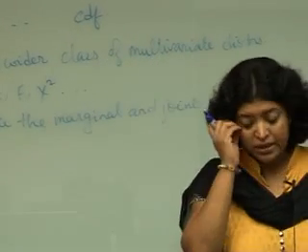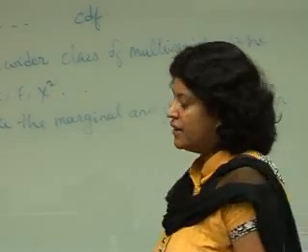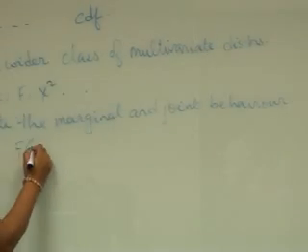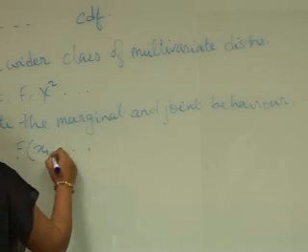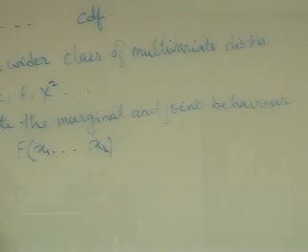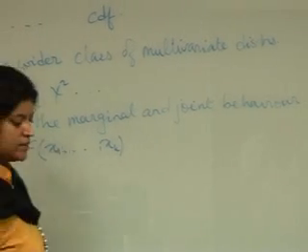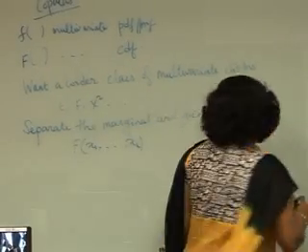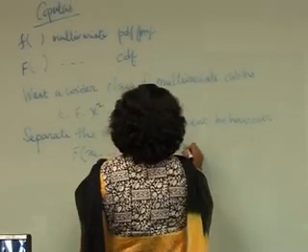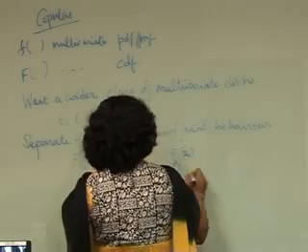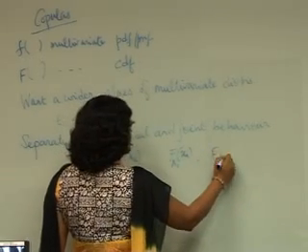So what does that mean? That there is an f which is a function of, say, k variables. So what we will do is we will look at each of the marginals, f of x1, the first component, x2.